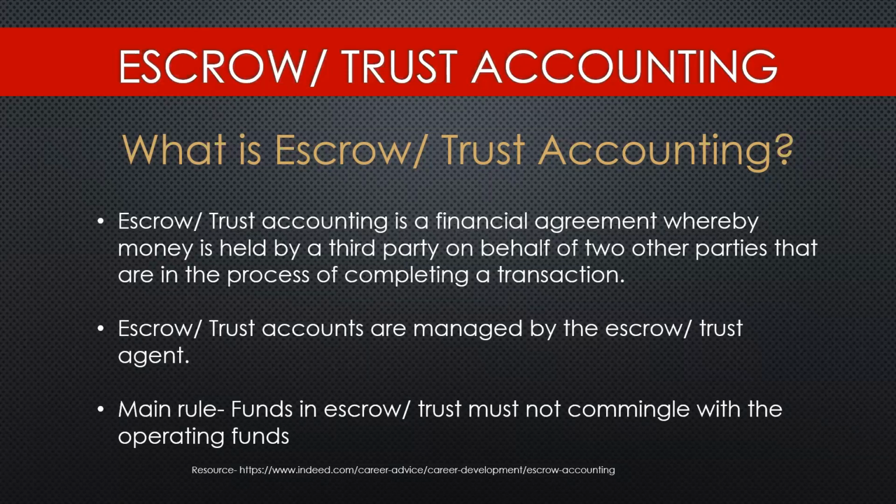In this case, it would be the owner and guest that are in the process of completing a transaction. Escrow trust accounts are managed by an agent, and that's going to be the vacation rental company. And the main rule for escrow accounting is that you must not commingle your funds with your operating funds.